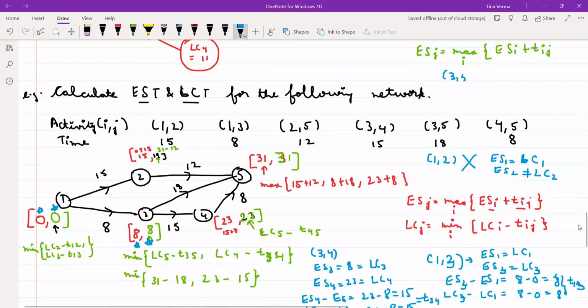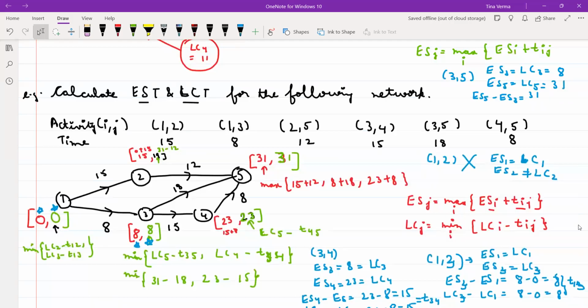If I am talking about activity 3 to 5, ES3 तो मेरा ठीक है, LC3 के इक्वल आ रहा है, that is my 8. ES5 भी मेरा LC5 के इक्वल आ रहा है, that is my 31. अगर मैं डिफरेंस लूं ES5 माइनस ES3 तो कितना आया? 31 minus 8, that will be your 23.